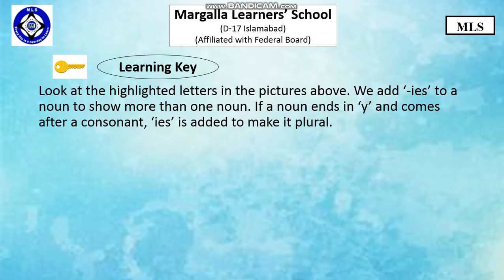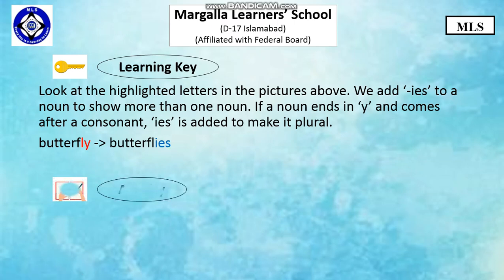For example, there was a word butterfly. Can you see that it is ending with Y and before Y there is the consonant? So Y is changed into IES and plural is made.